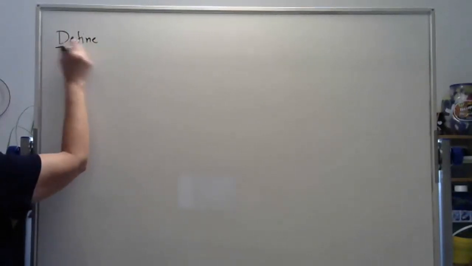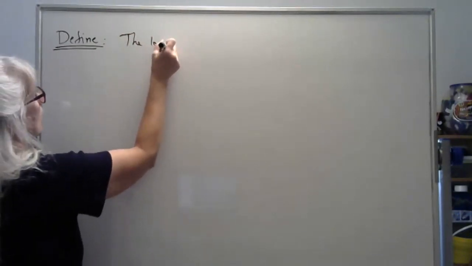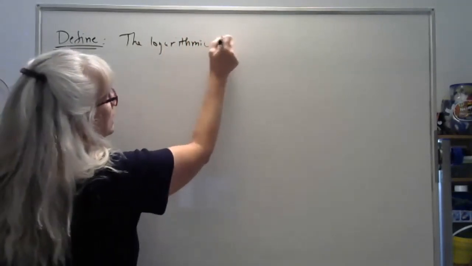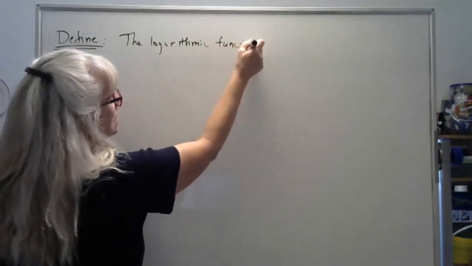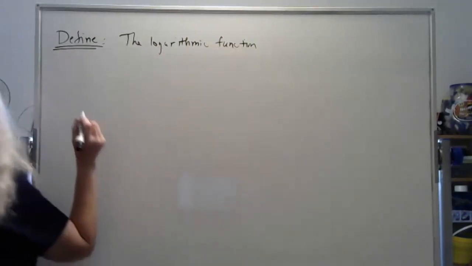Okay, so then we're going to come in and define the logarithmic function, which we will abbreviate as a log function just to make the spelling easier on everybody. So the logarithmic function to the base a.